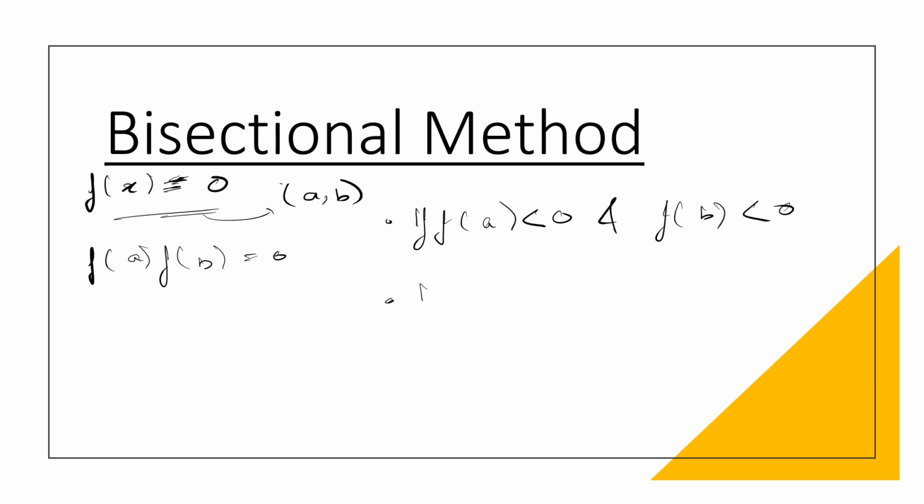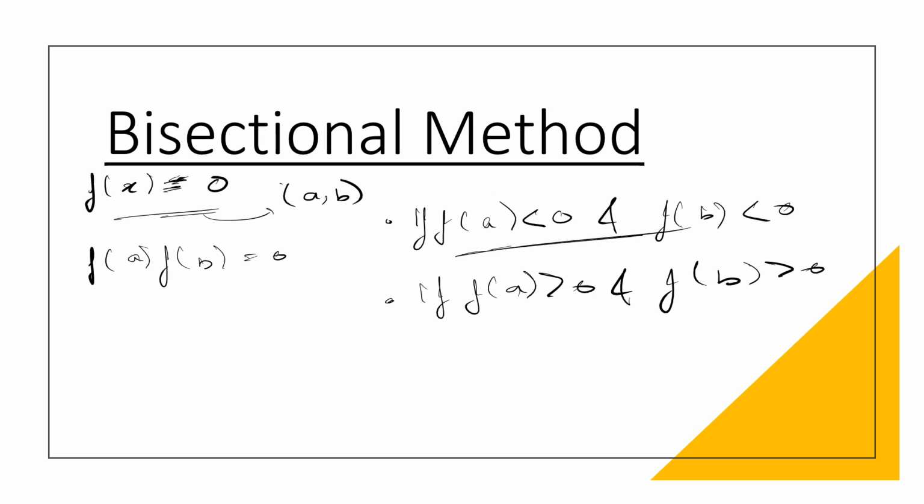The second one is where f of a is greater than 0 and f of b is less than 0. Here it becomes negative because it's less than 0, and here it's positive because it's more than 0, right?